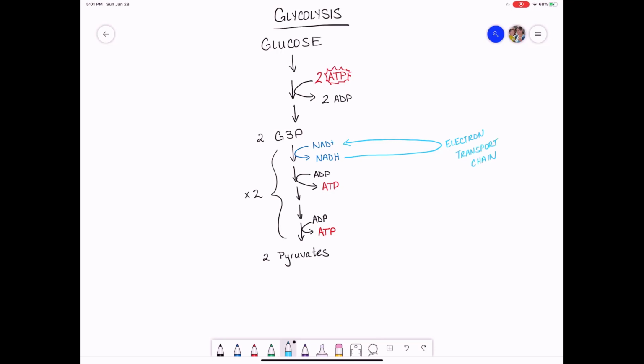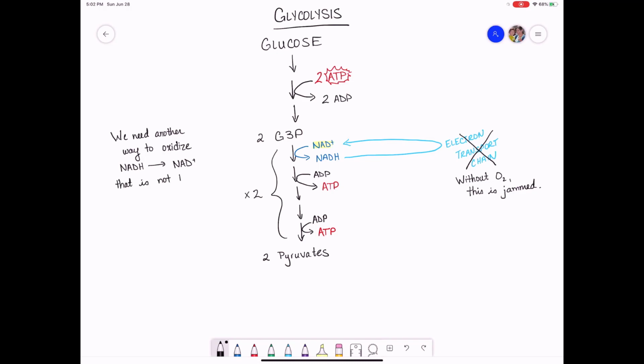But without oxygen, that electron transport chain is jammed. So what we're going to need to do is find another place for those electrons and that hydrogen on NADH so we can free it up and make NAD+ again. So that's our goal, is basically to dump NADH's electrons and hydrogen somewhere to make NAD+ without oxygen.